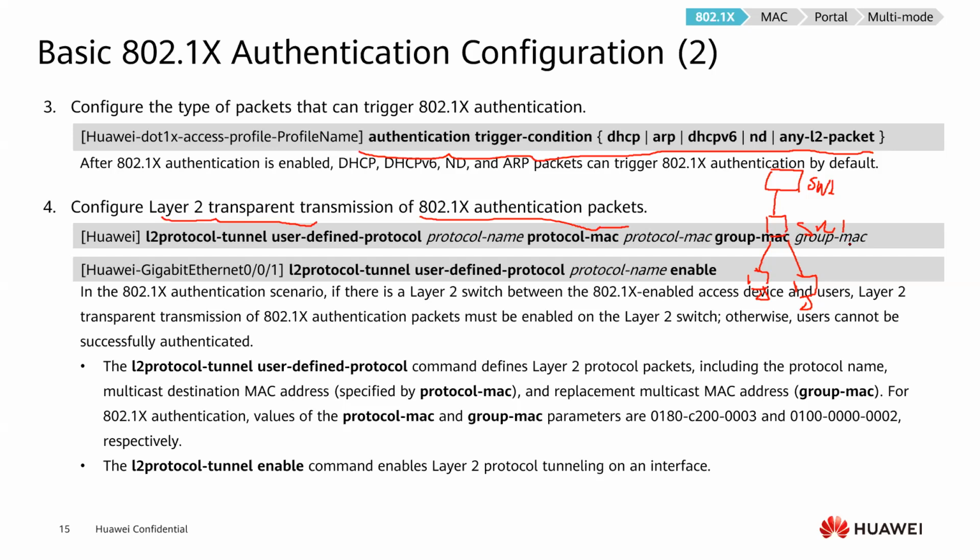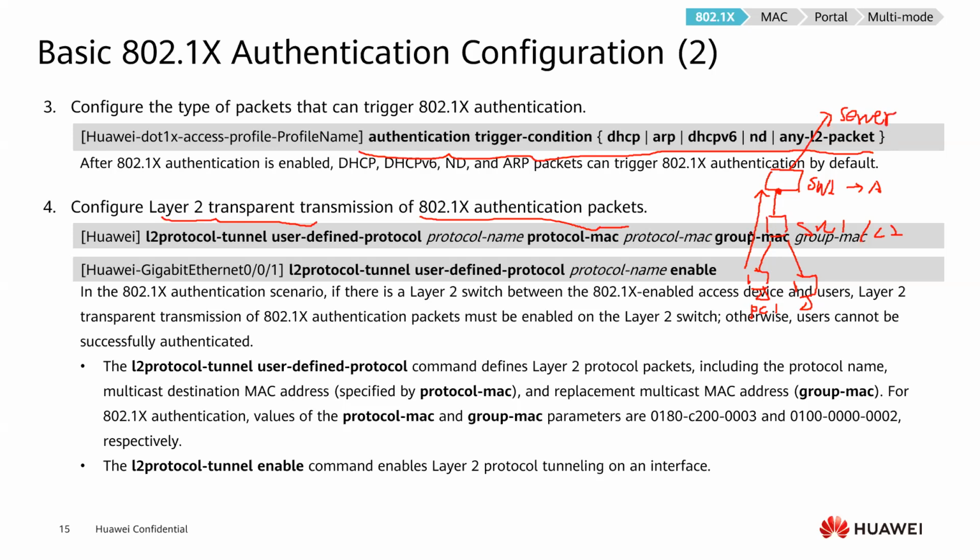SW1 is a layer 2 switch, and on SW2 we configure the 802.1x authentication, on SW2's interface. That means SW2 is the access device, right? So PC1 needs to send the EAP packet to SW2, and then SW2 will send this packet to the server.